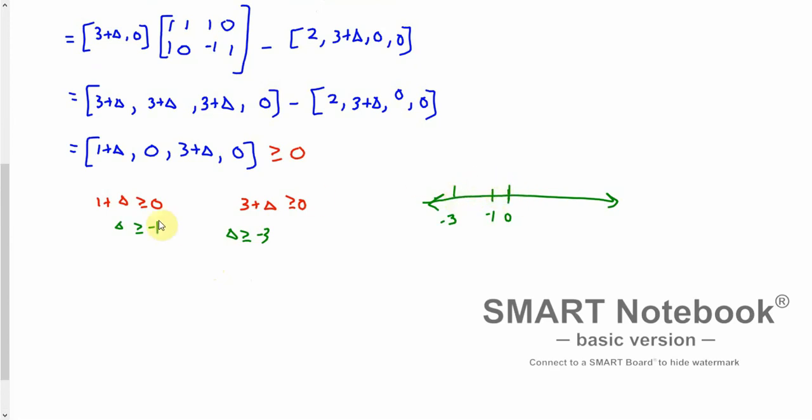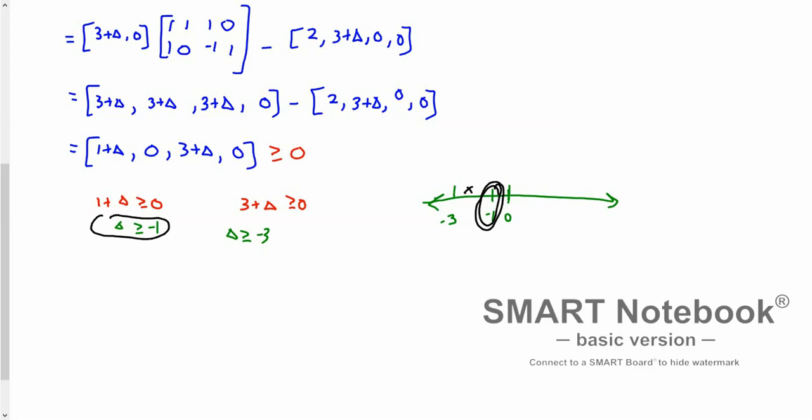And if it goes past one of these two constraints, then this choice is no longer optimal, okay? So if it goes past -1, it's no longer optimal, and I don't want to go there. If it goes past -3, it's no longer optimal. But notice if I pick a value right in there, like -2, I have broken this optimality. I've gone past -1. So I always take the more restrictive of the two. So delta has got to be greater than or equal to -1.